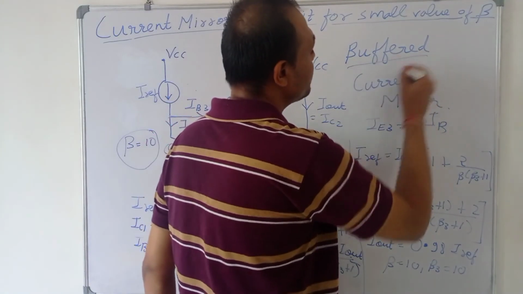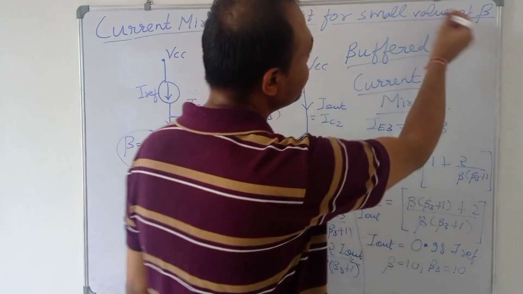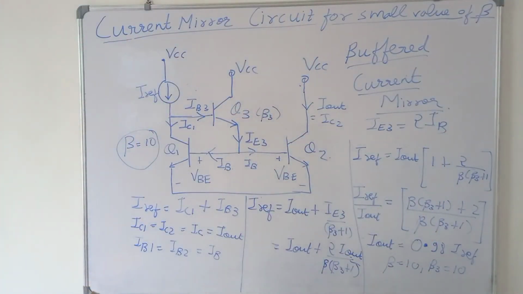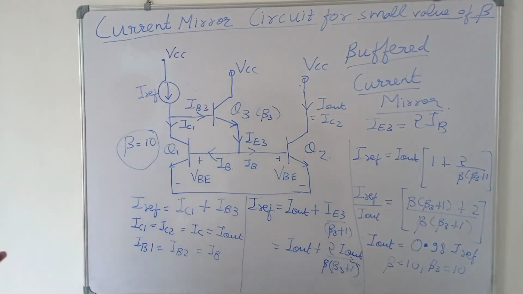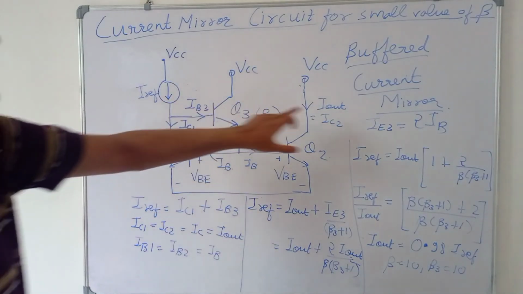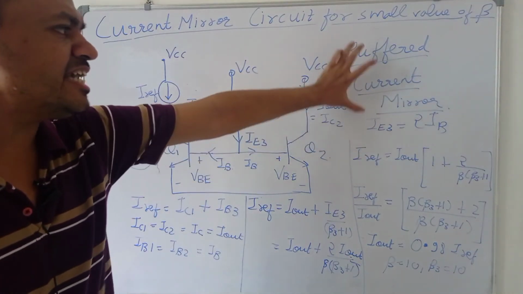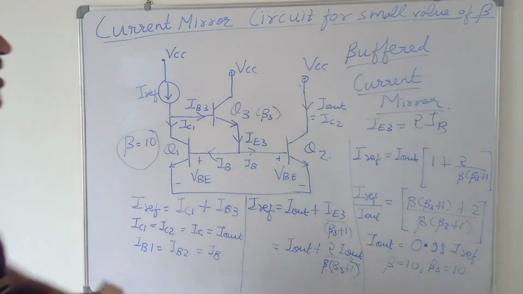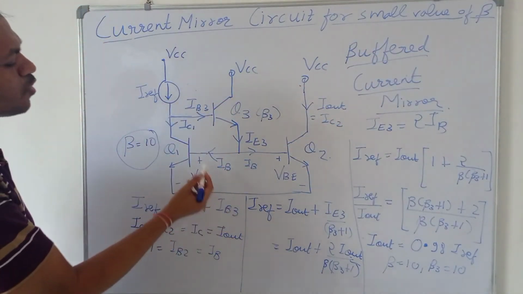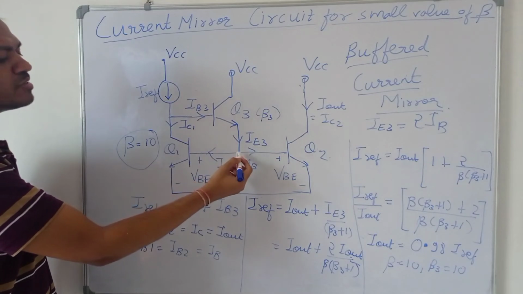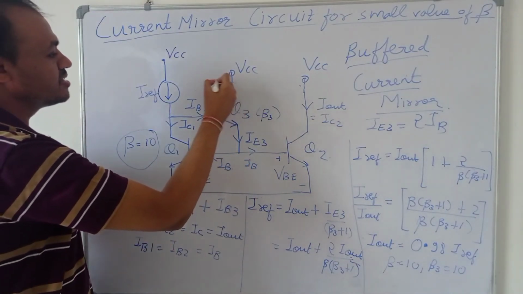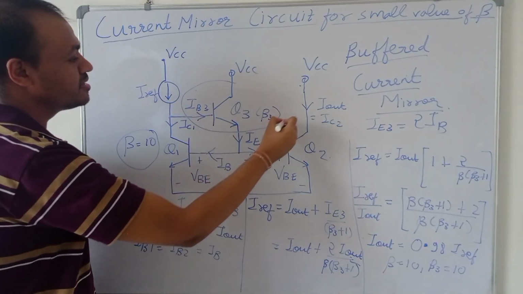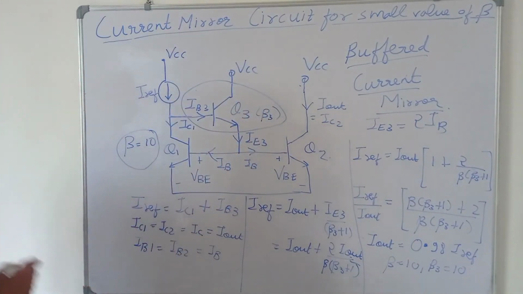Okay, so for very small values of beta like 10, the normal current mirror circuit does not work, because there is a large difference between the reference current and the output current. But for this buffered current mirror circuit, the only change we have made compared to the normal current mirror circuit is that we have included this transistor Q3.